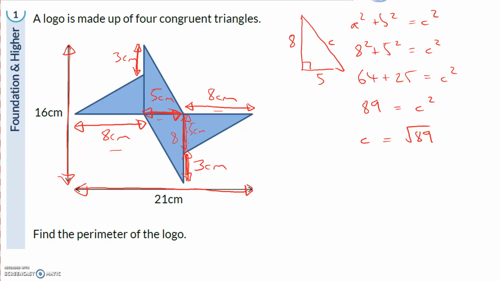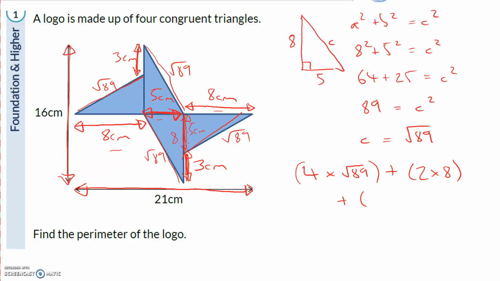Okay, so we're there. The total perimeter, we've got 4 lots of root 89. That's this length, that's root 89. That's this length, that's root 89. That's this length, that's root 89. And this length, it's root 89. So we've got 4 of those. And we've got, what have we got? 2 lengths of 8.